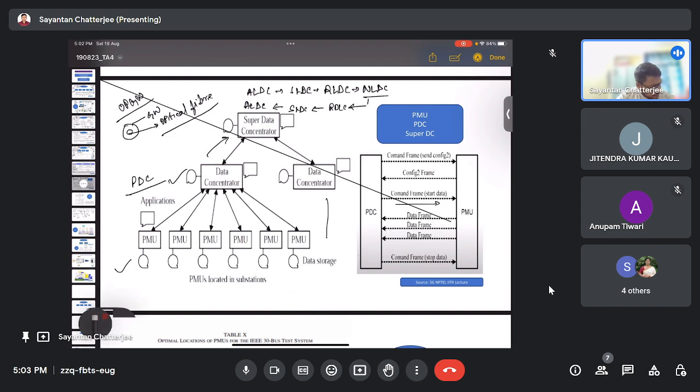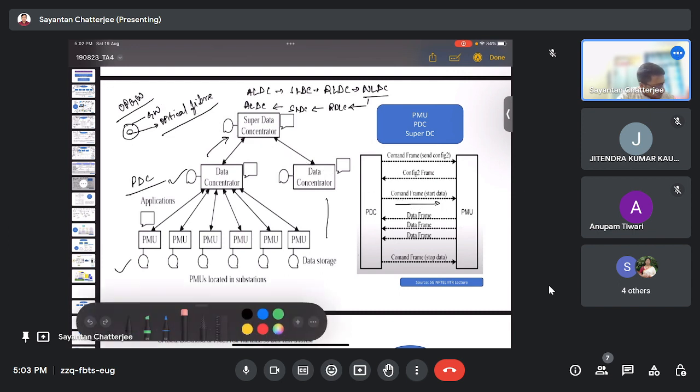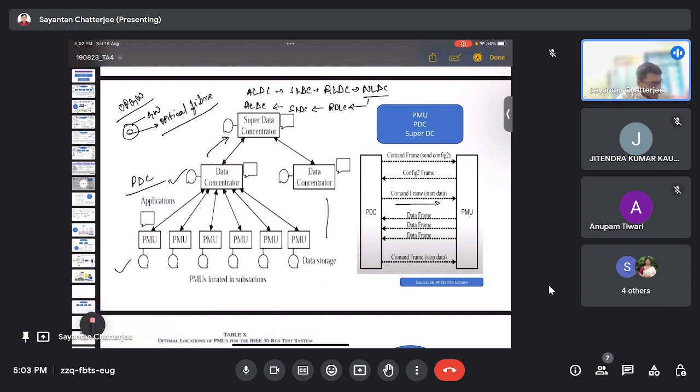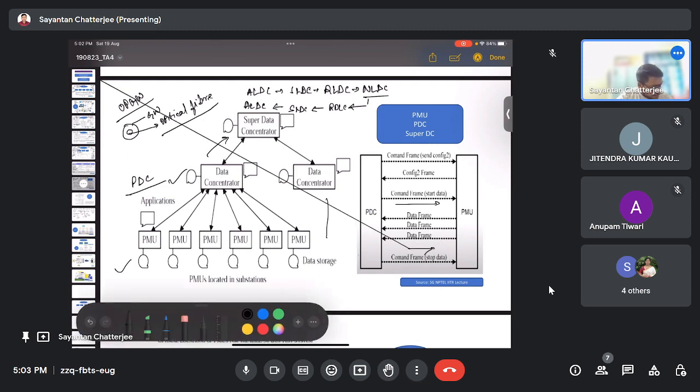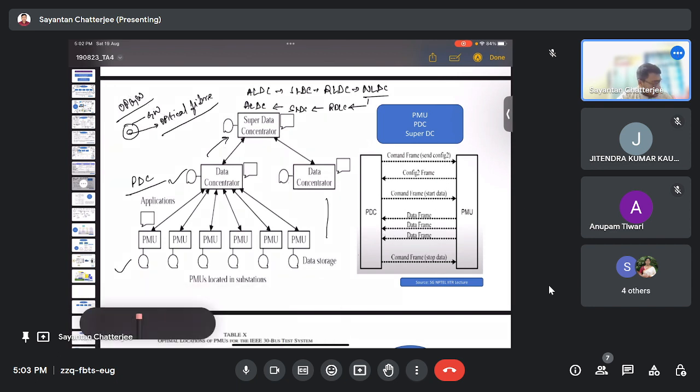After that, when the PDCs give the command frame for stop data, the PMUs won't communicate again till the next command. Okay. So this is mainly the architecture of how PDCs and PMUs work.